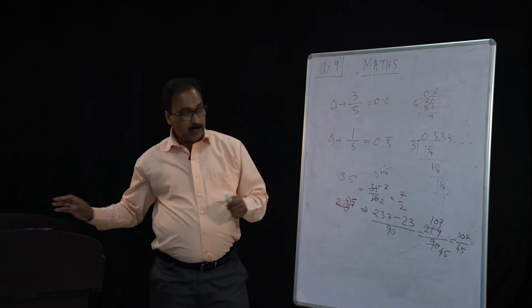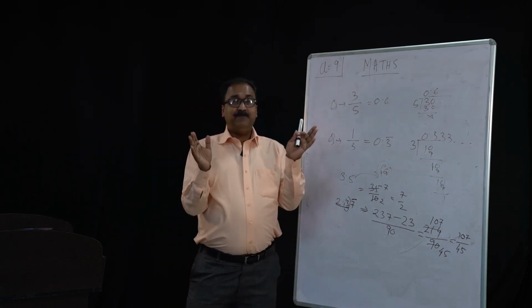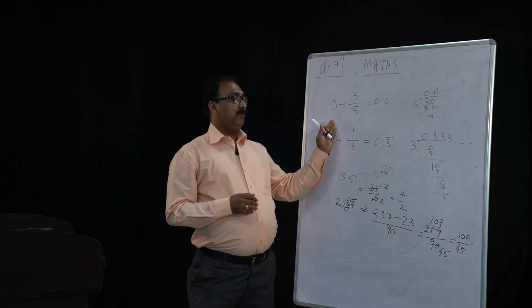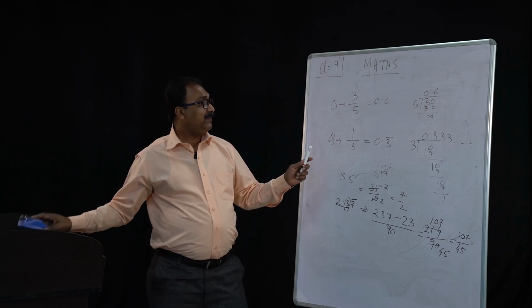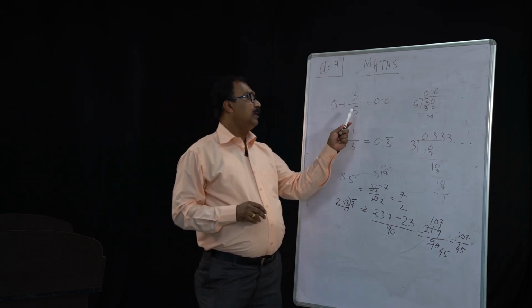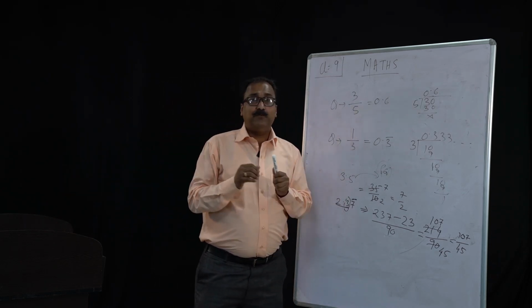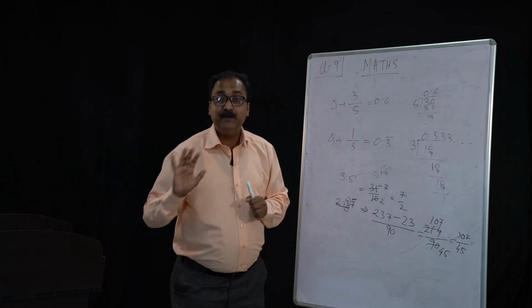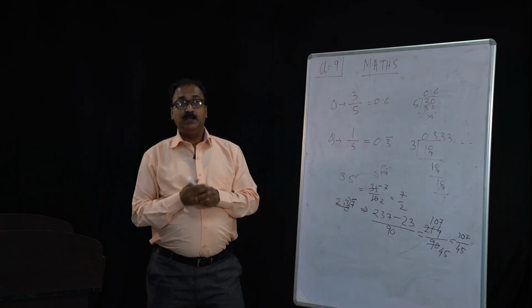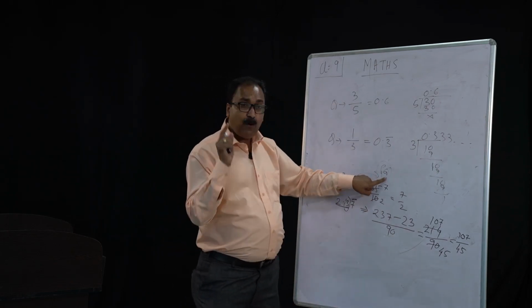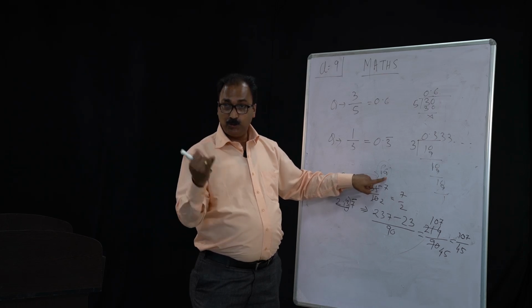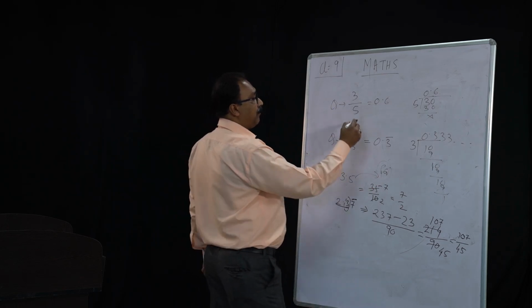Now I will be telling you the difference between rational numbers and irrational numbers. Clear? But another point also remains here. By looking at the P by Q form, how do you know if it is terminating or non-terminating? That depends on the property of the denominator Q. I am telling you what the property is.